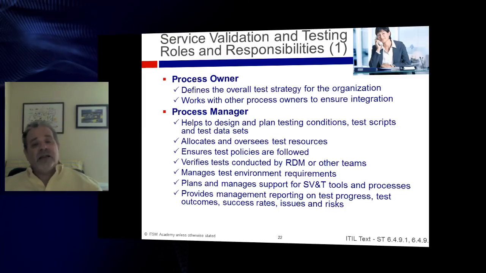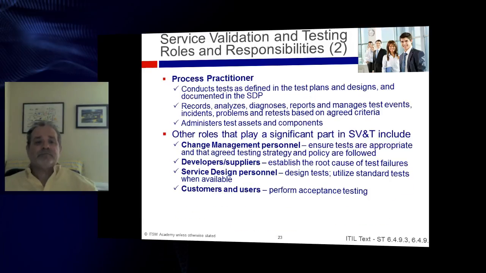They're going to allocate and oversee the test resources, and they're going to ensure that the proper test policies are followed by the other processes. We have a process practitioner. They'll conduct the tests as defined in the test plans and how they've been designed in the service design package. And again, they're going to ensure that everything gets recorded properly.